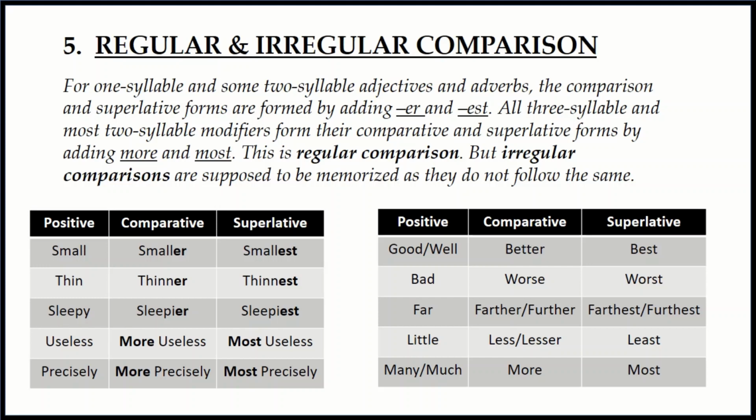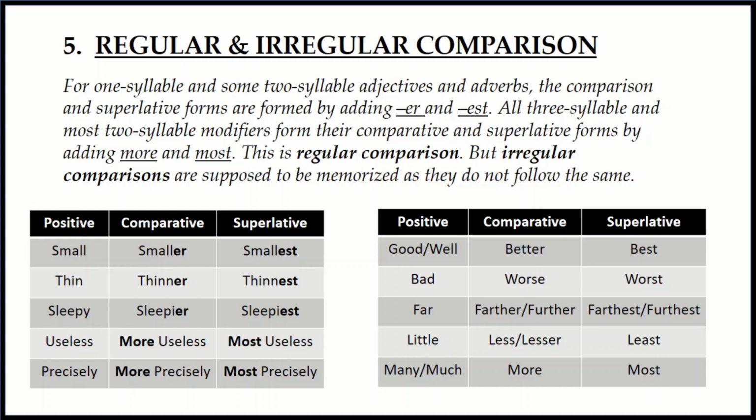You have to look at the syllables of the word. If there is a one or two syllable adjective or adverb, then the comparative and superlative form will be er and est. But if there is a word that is three syllables, and sometimes two syllable words also, then the comparative and superlative form will be made by adding more and most.